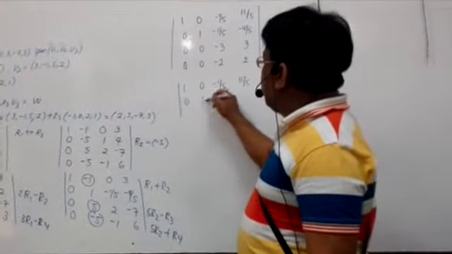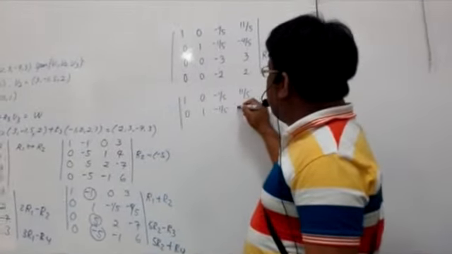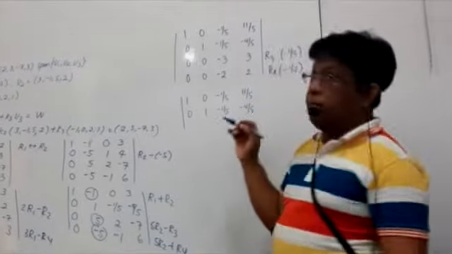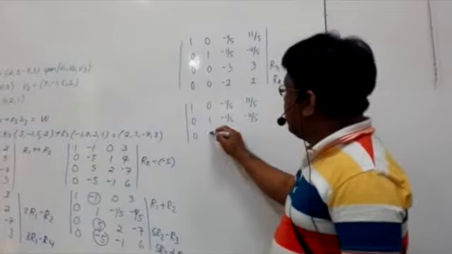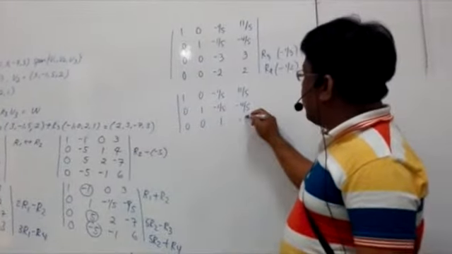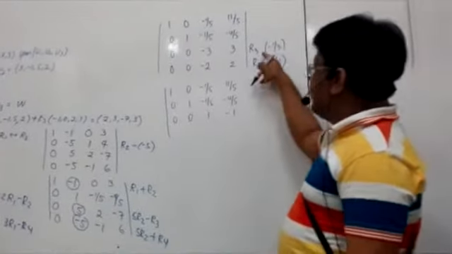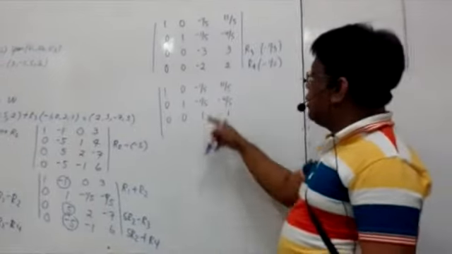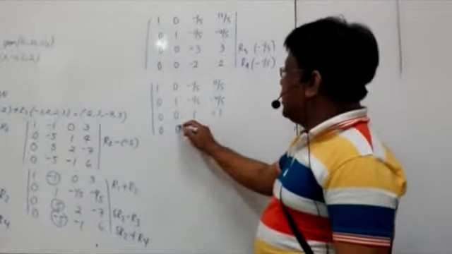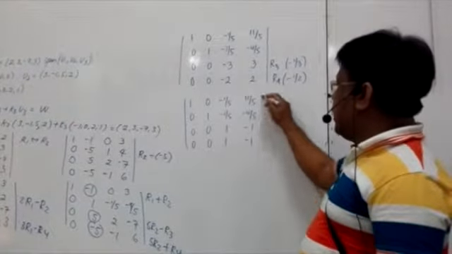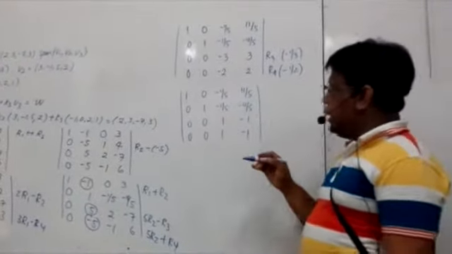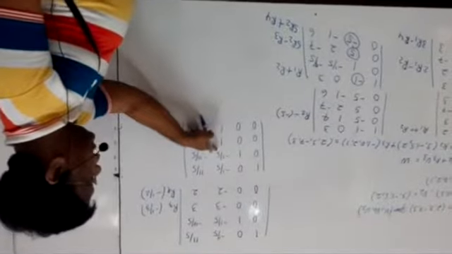Then 0, 1, negative 1 fifth, negative 4 over 5. Then we have here 0, 0, 1, negative 1, because this is to be multiplied by negative 1/3, right? Then we have also 0, 0, 1, negative 1. Okay?